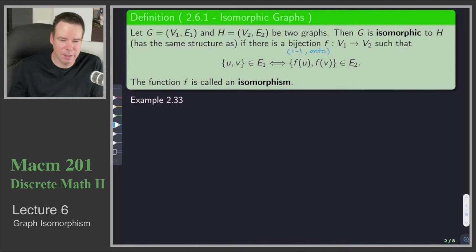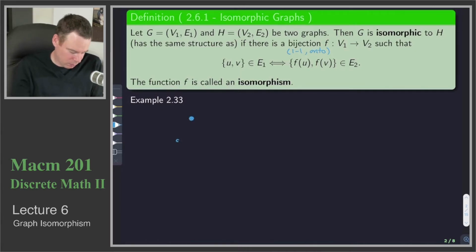So this bijection has to satisfy the additional property that if you had an edge uv in the graph G, then the corresponding vertices f of u and f of v must form an edge in H. And similarly, if f of u and f of v formed an edge in H, then the corresponding vertices u and v form an edge in G. The function itself is called the isomorphism, so f is called the isomorphism, and we say that G is isomorphic to H. So let's look at an example.